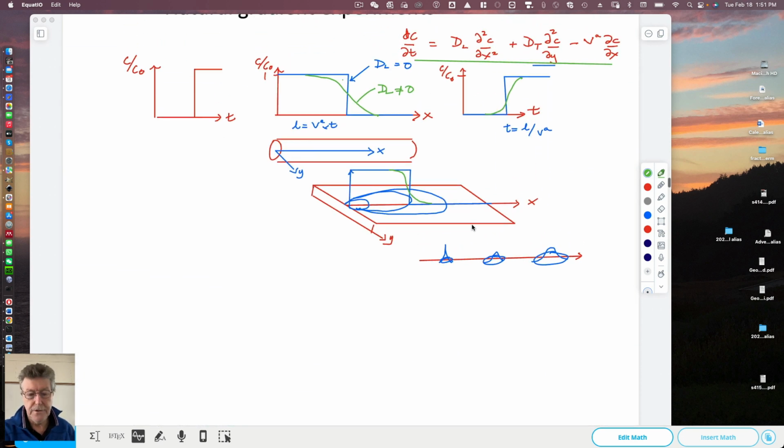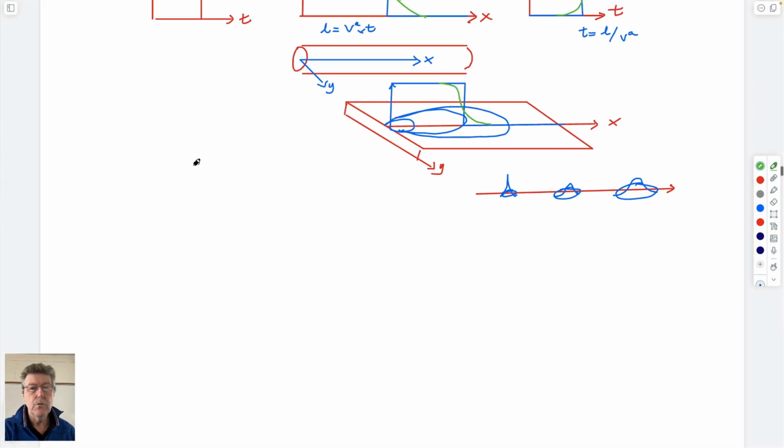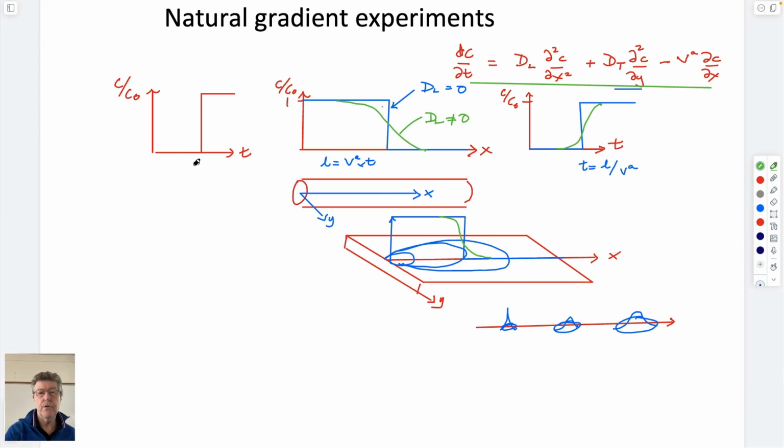We talked about the individual expressions that would describe these behaviors, and I've drawn them out here. The other thing worth remembering is that these expressions involve diffusion plus alpha, a dispersion coefficient, times the advective velocity.